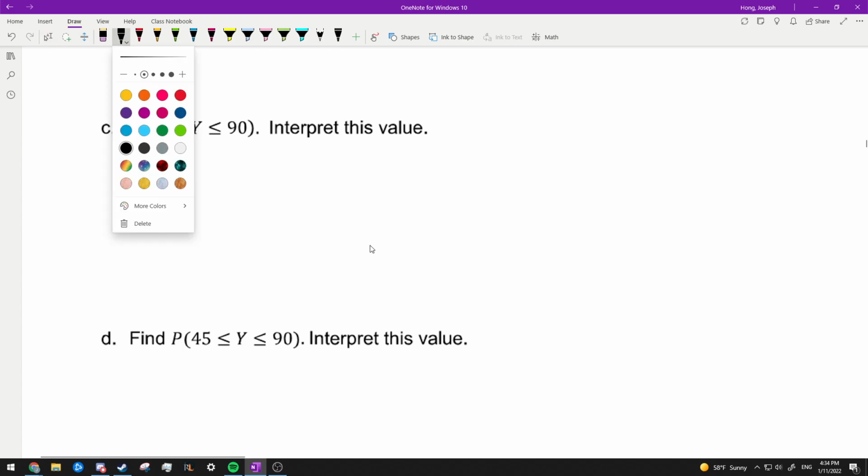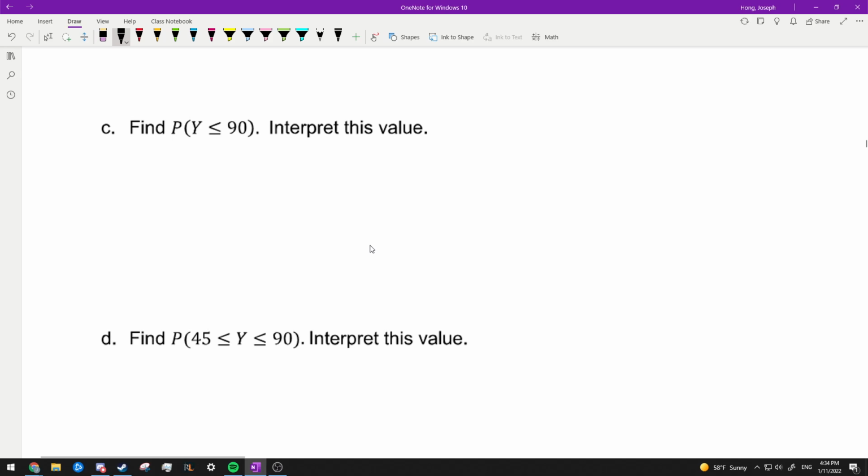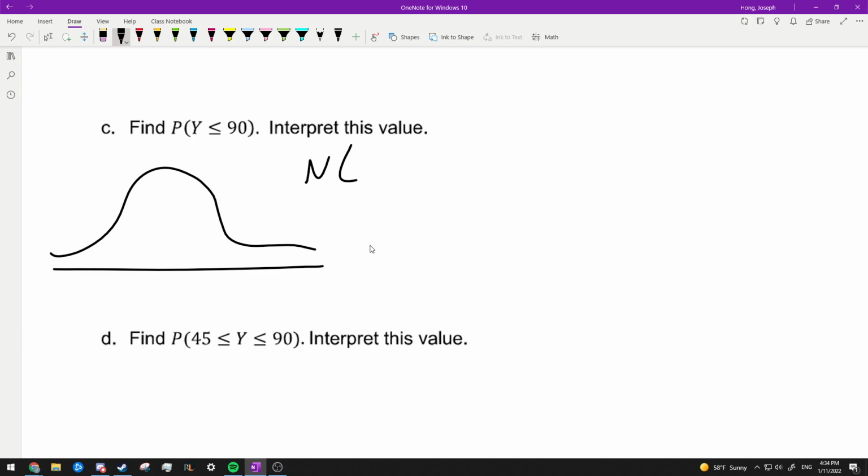So let's talk about part C. They're asking us the probability that y is less than or equal to 90. So if I draw this normal distribution very badly, I'm going to label these according to the story.